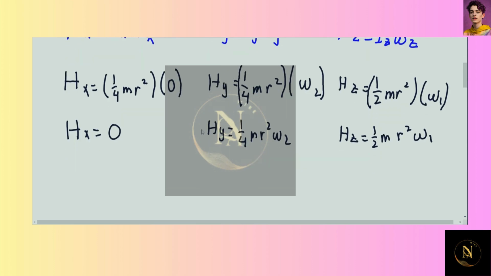So in terms of a vector, we now have the i component, the j component, and the k component of the vector of the angular momentum about the disk.